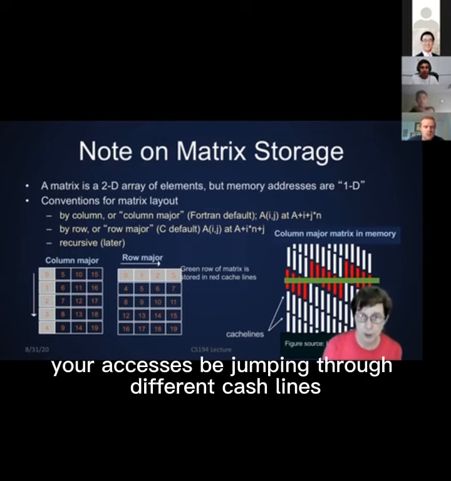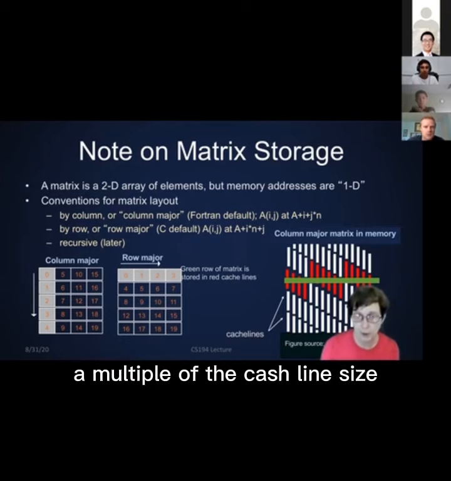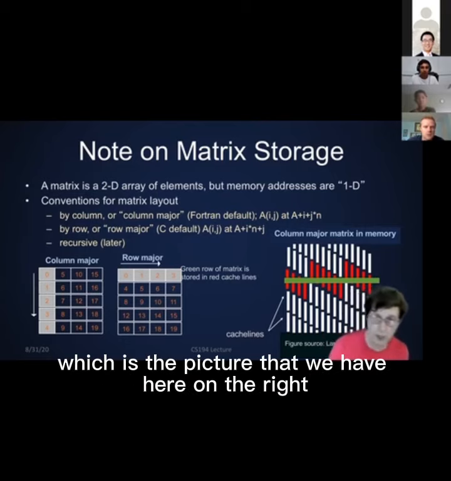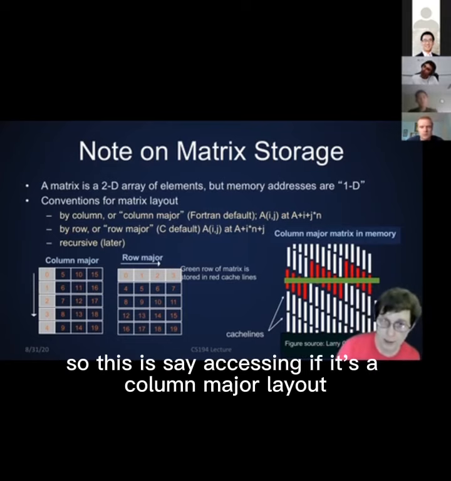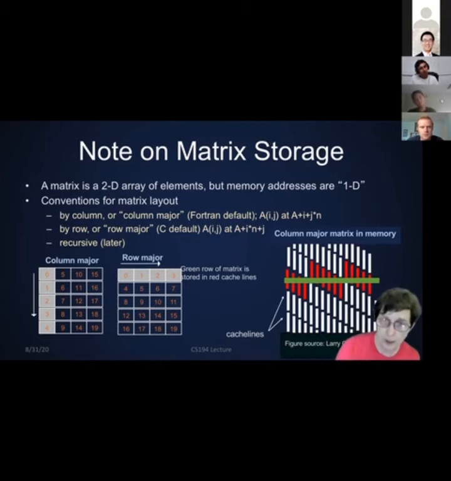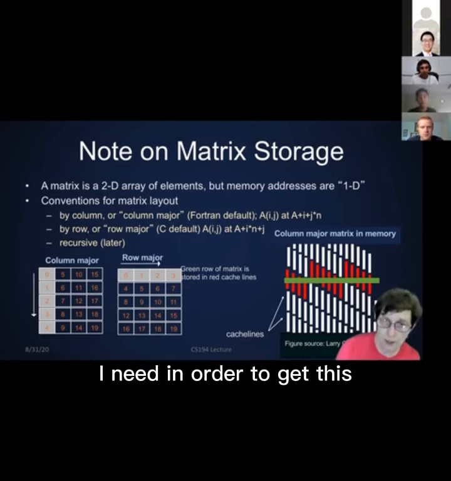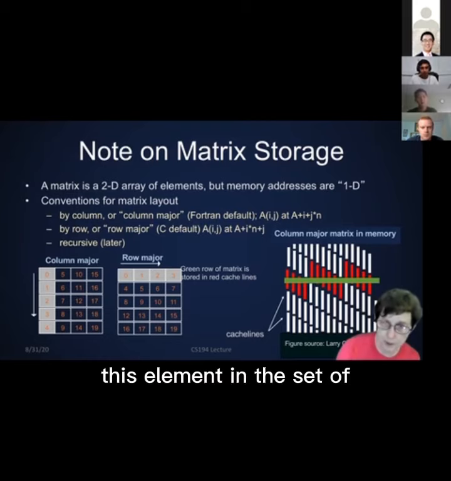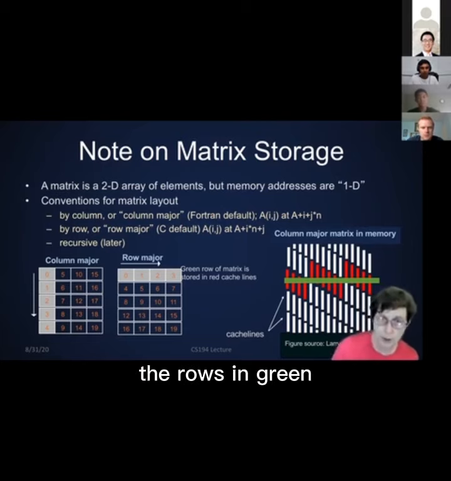not only will your accesses be jumping through different cache lines, but if your matrix size is not a multiple of the cache line size, which is the picture that we have here on the right, then, say it's a column major layout, these red things are all of the cache lines I need in order to get this set of elements that are going across the rows in green.